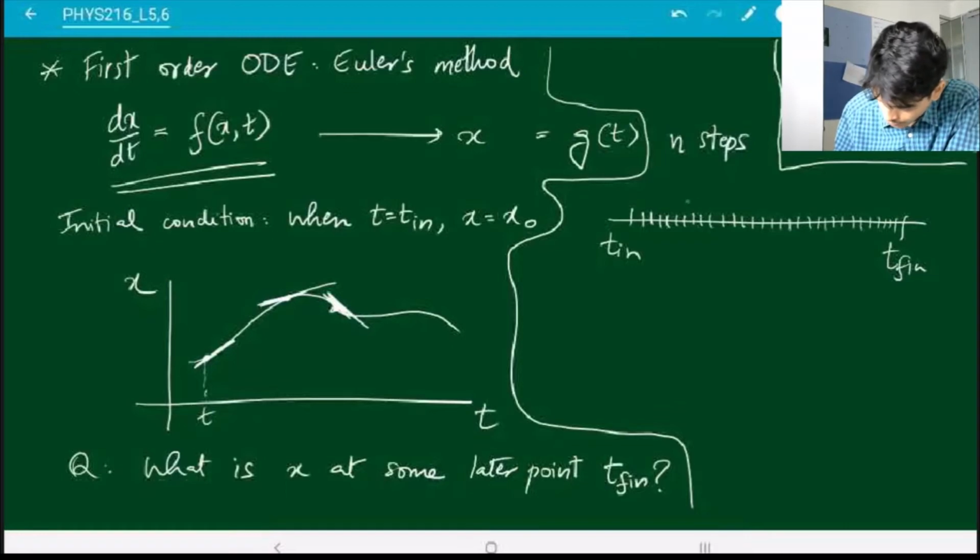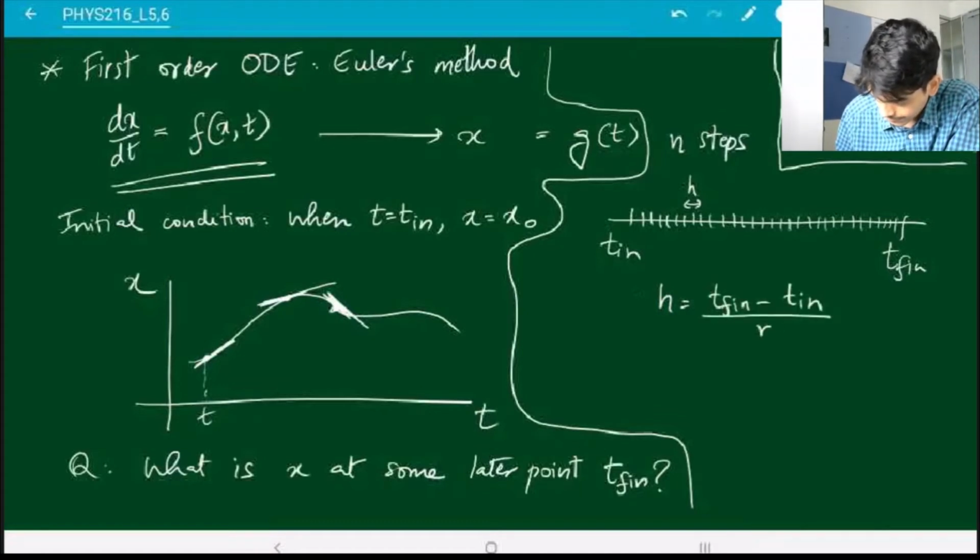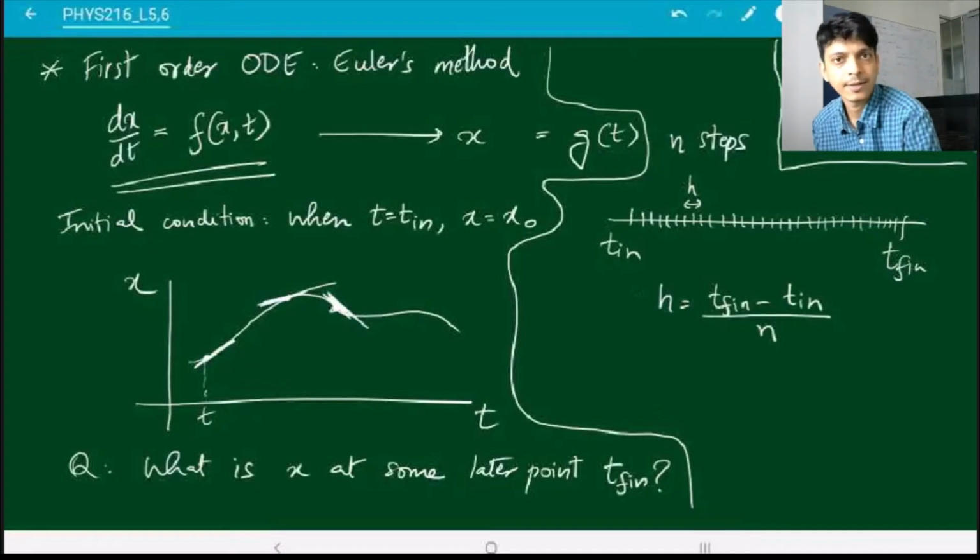And so what is going to be the width of each of these steps? I can call it h, and h is going to be t final minus t initial divided by n, exactly like you did for trapezoid method, Simpson's method, all of those.